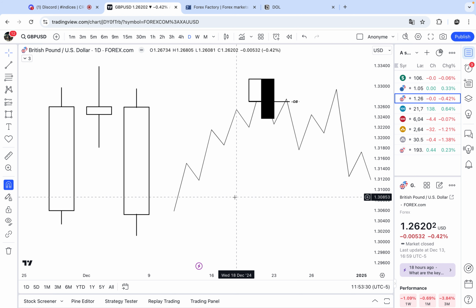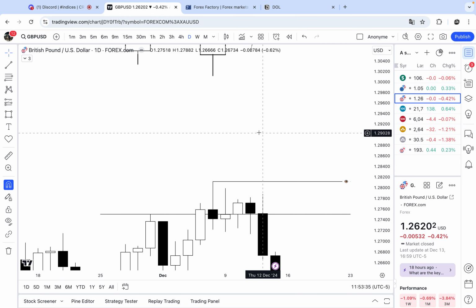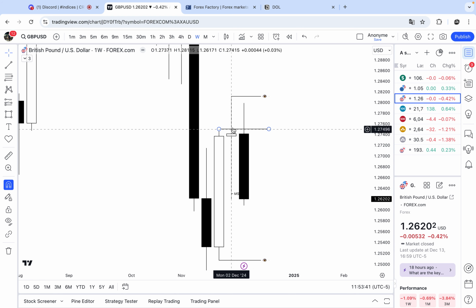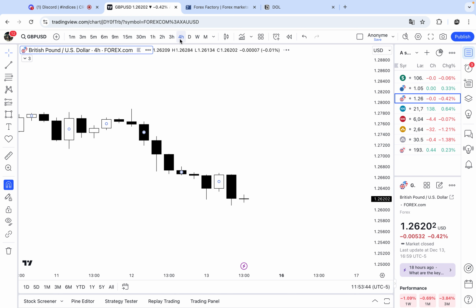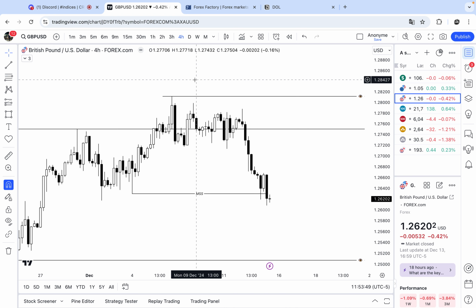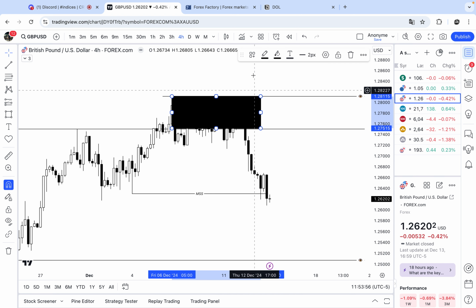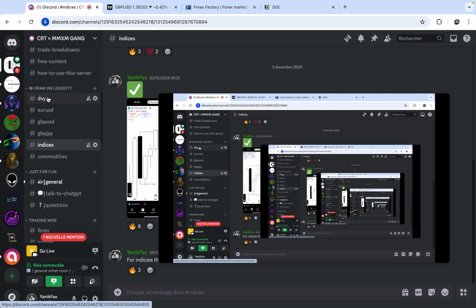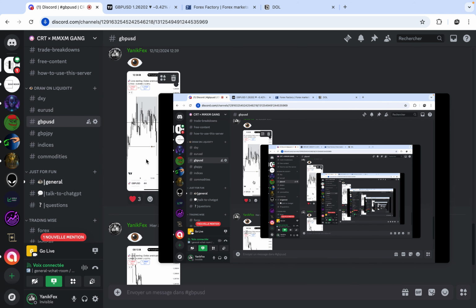But for example, look, on GBP, that was the three candle model right here, and look what happened on the 4 hour. Did you guys see the order block? I marked it out.